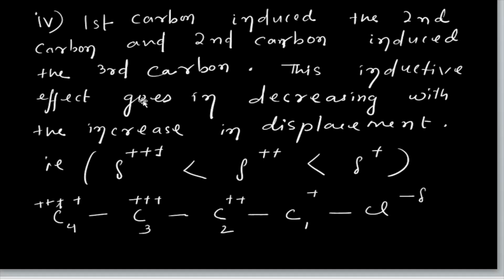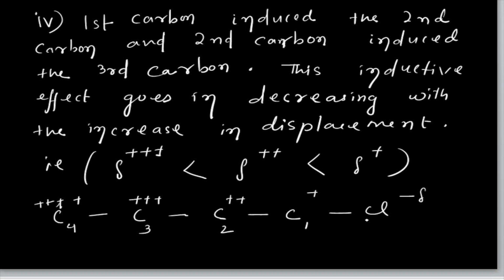After the electron is attracted towards the highly electronegative atom, the carbon that is present next to it is called the first carbon. Just like here in the last, this is called the first carbon, this is the second carbon, third, fourth.